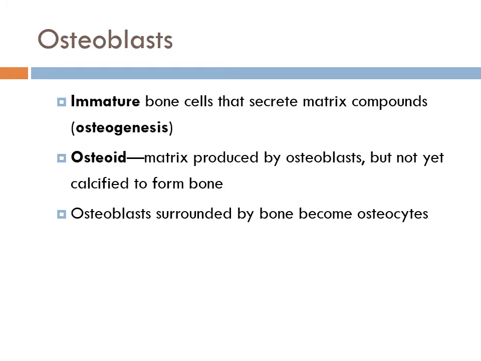Osteoblasts are immature bone cells that secrete matrix compounds. That means that they are building bone, and the term for building bone is osteogenesis. That is the formation of new bone. Osteoid is the matrix produced by the osteoblasts that has not yet been calcified to form the bone.